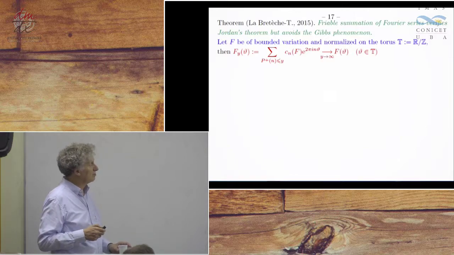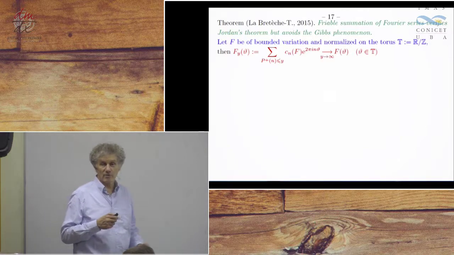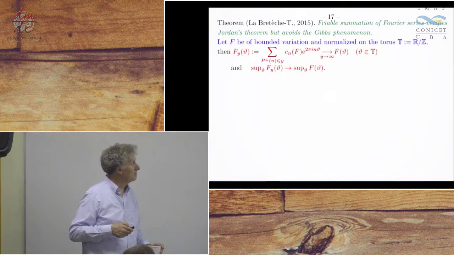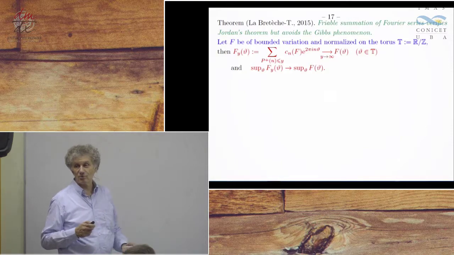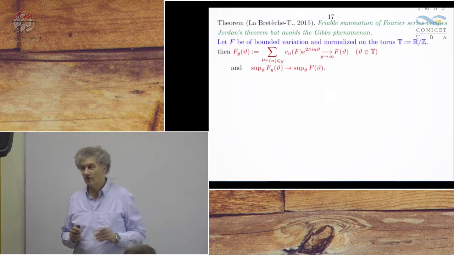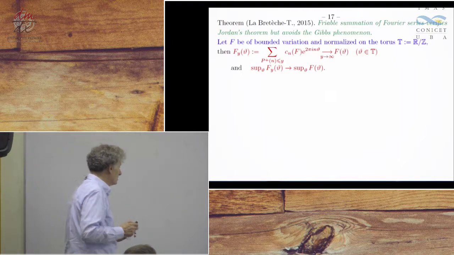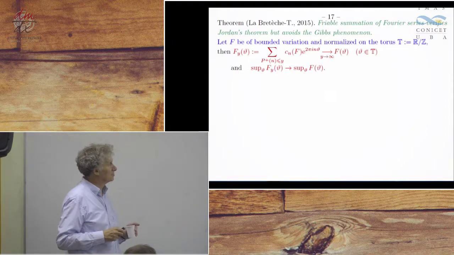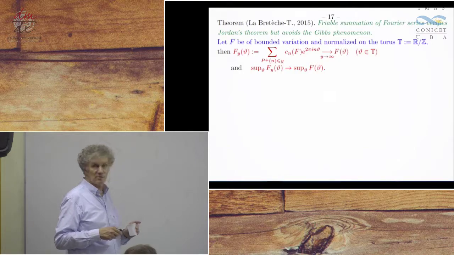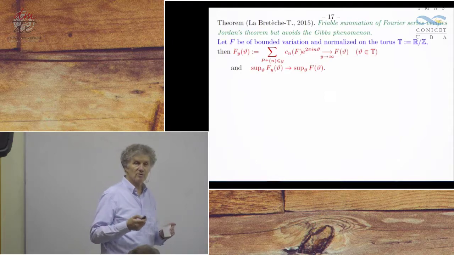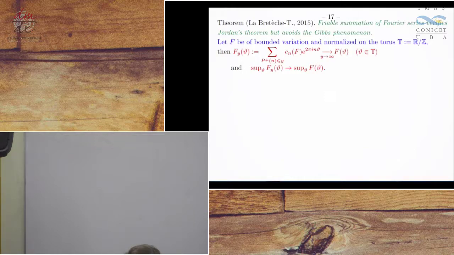So it is a sub-series of the full series, and it does tend to what you expect, but the supremum also tends to the supremum. You have no Gibbs phenomenon. So this is very useful. It could be used in wavelets, in approximations and so on, because I think it is the only case of a sub-series which converges to the full series without the Gibbs phenomenon.